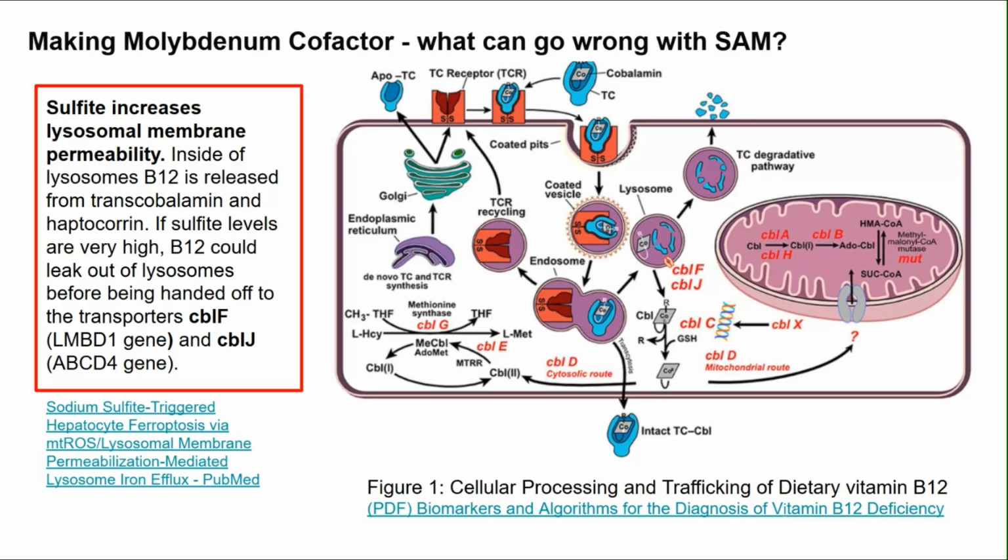So sulfite can actually cause lysosomes to become leaky because of oxidative stress, and that could release the B12. And then that B12, if you have intracellular sulfite, could be destroyed.